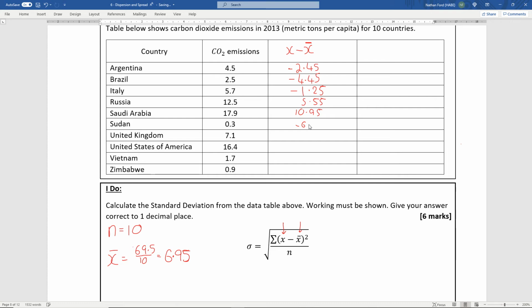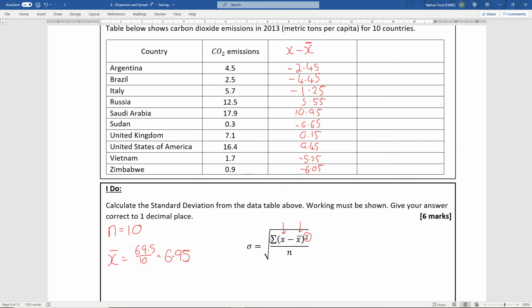Now, it doesn't matter too much about the negatives, and that's what squaring is for. So this is the difference from the mean of each of these results.